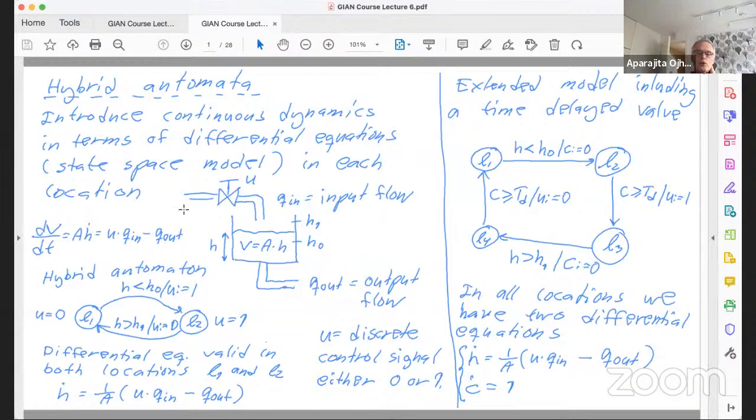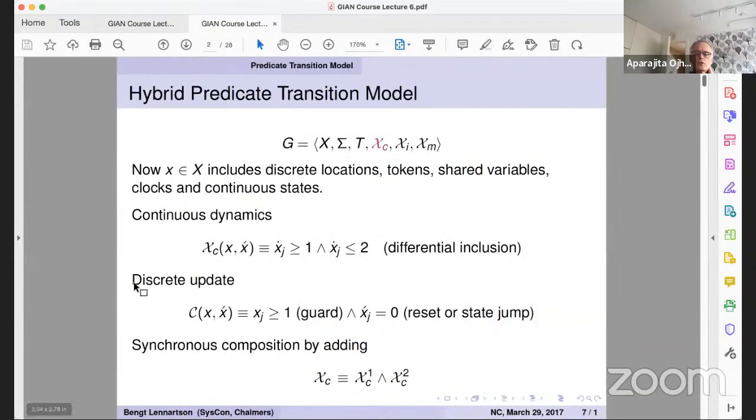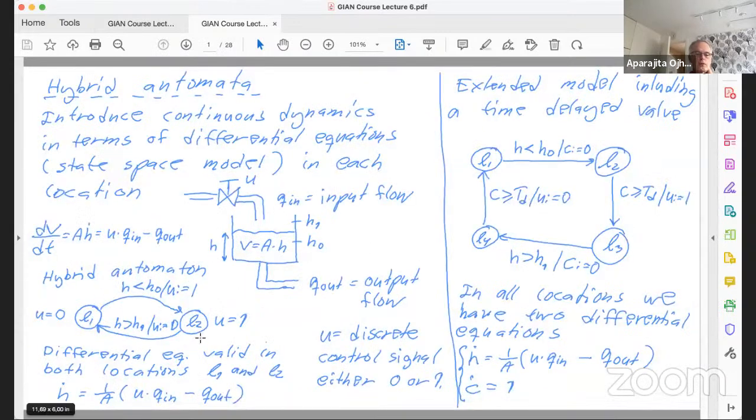And in the input flow, you have this logical control signal U. So here you have the differential equation, and that is valid equally in these two locations, but the difference is that the signal U is 0 in L1 and 1 in L2. So this is the formal model of this system, and this is then called a hybrid automaton.